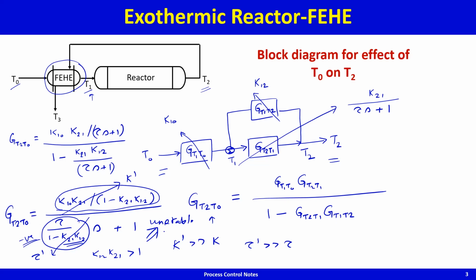This is another example of recycle or feedback, positive feedback in this case, because the overall sense of the feedback in this loop is positive. Positive feedback having the potential to cause instability.